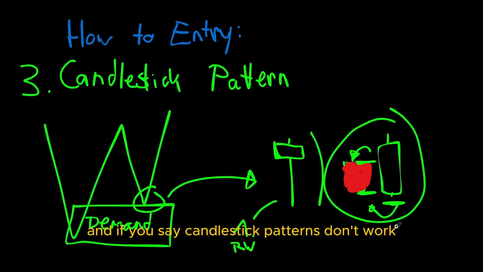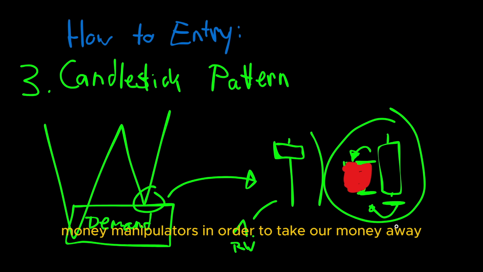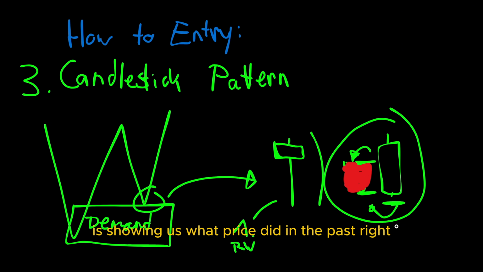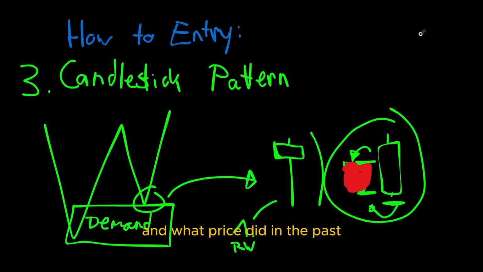And if you say candlestick patterns don't work, or they are a lie, or they are made by the market manipulators in order to take our money away, it's simply not true. The markets cannot hide simple price action, because in fact all the markets is showing us what price did in the past, right? It's pretty simple. It's showing us what price is doing right now and what price did in the past.